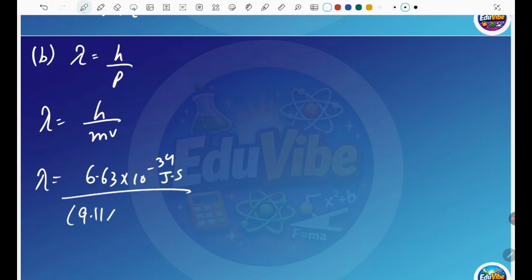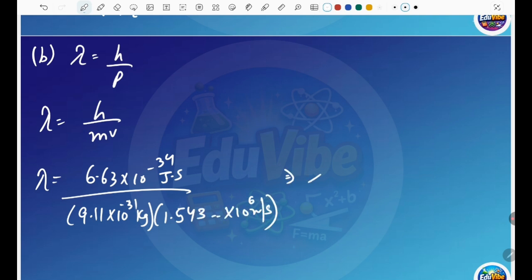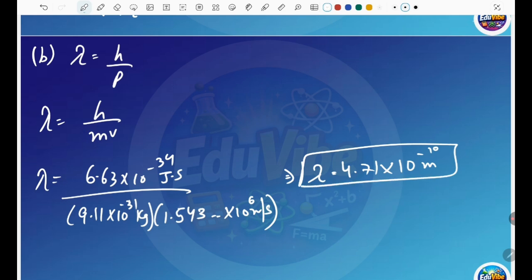Mass of electron is 9.11 times 10 raised to minus 31 kg. And you have to use the non-rounded value of the V. So use that value and put it over there. When you calculate this, you get about 4.71 times 10 raised to minus 10 meters. So this is your wavelength to three significant figures.